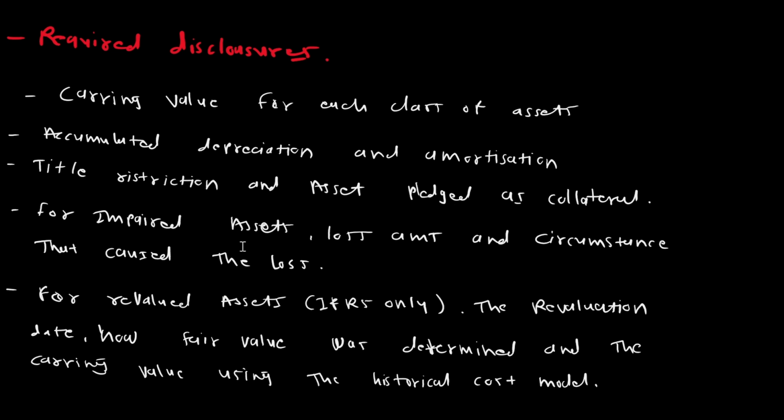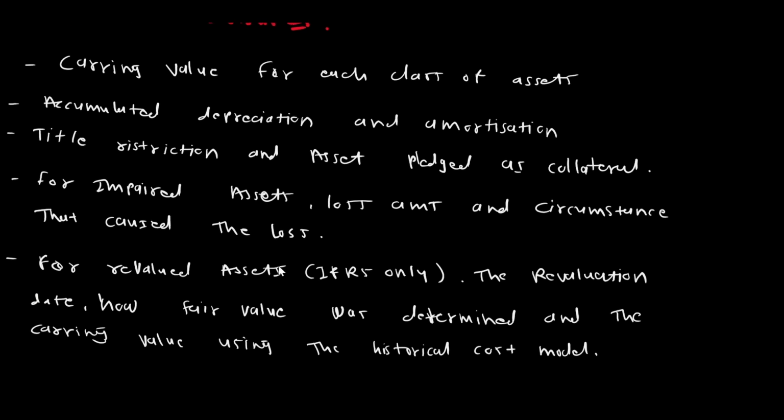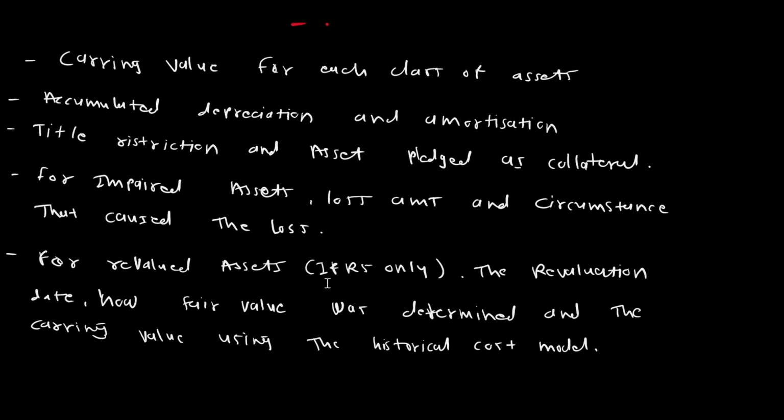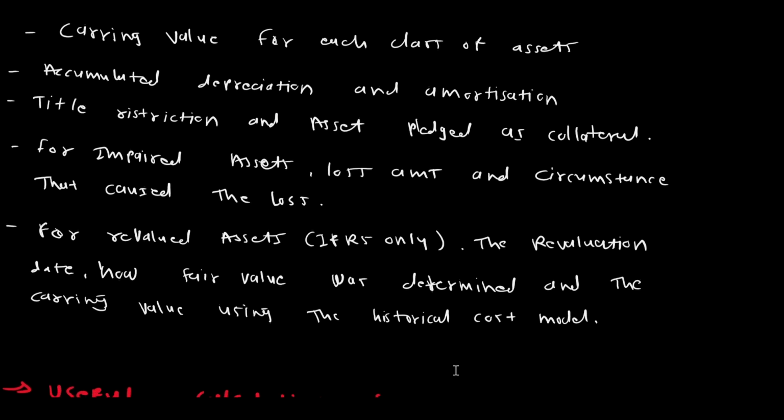For impaired asset, loss amount and the circumstance that caused that loss should be disclosed. For revalued asset, IFRS only, the revaluation date, how fair value was determined, and the carrying value using the historical cost model should also be disclosed in the financial reports.